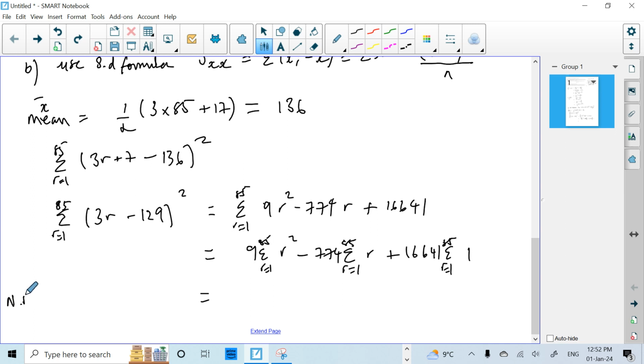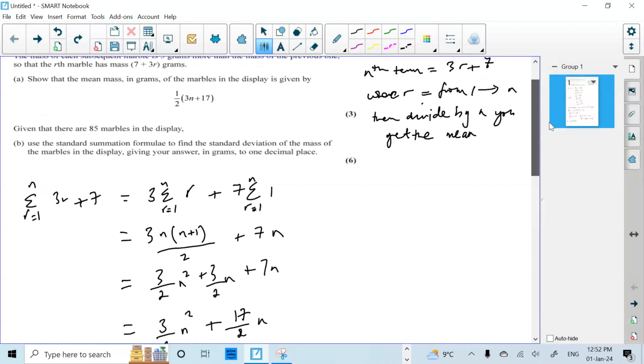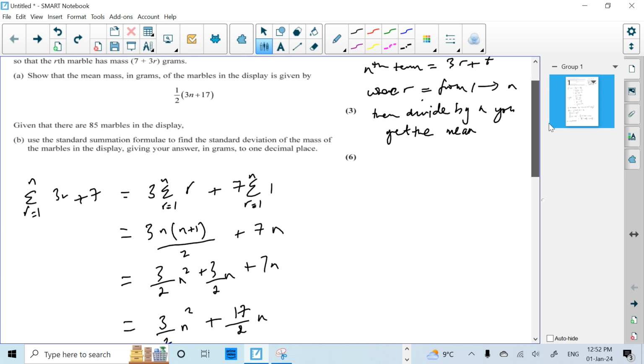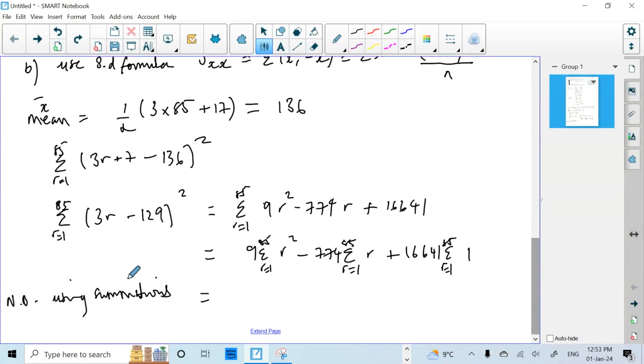So I put nota bene here, using the summations formula, because that's what it says in the question. Let's go back. It does say, use the standard summation formula to find the standard deviation of the mass of the marbles in the display, giving your answer in grams to 1 dp. So you've got to use the summations formula.